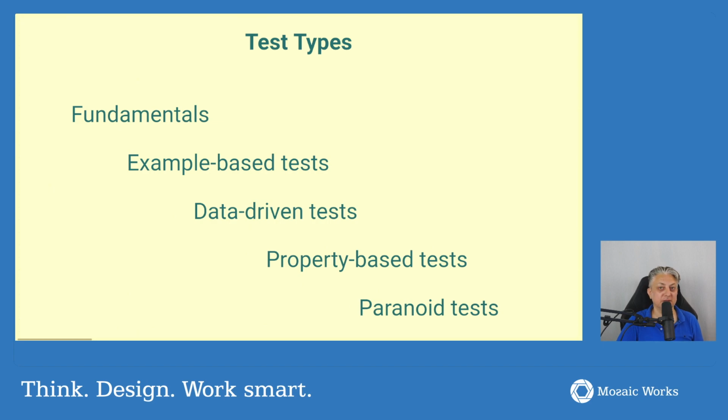Example-based tests, these are the most common ones, the ones that you see as a first example for anything that is unit testing, for anything that is testing frameworks, they usually start with this. Data-driven tests, a second category, property-based tests, a third category, and then paranoid tests.